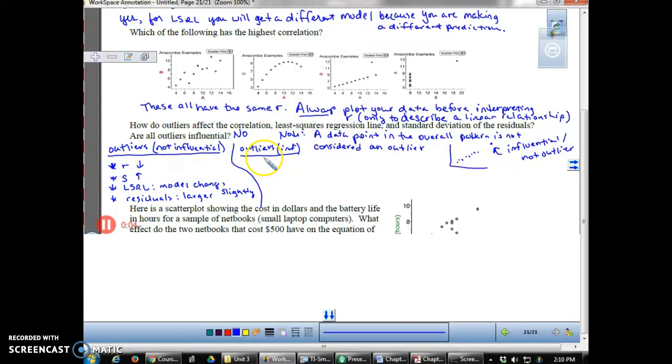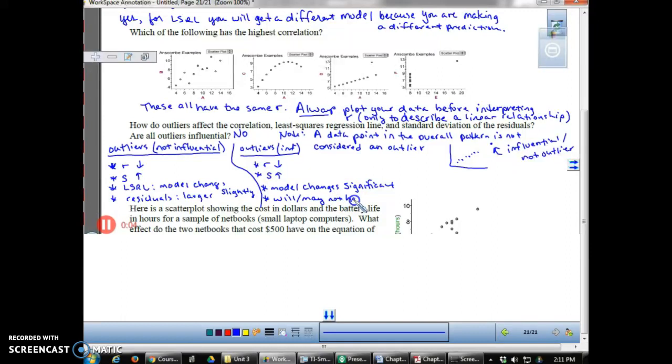Okay? Outliers that are influential will also have an R that goes down and an S that goes up. The model will change significantly, or it can change significantly. It just depends on how influential it is. And then finally, it will not necessarily have a large residual. It may or may not, you just don't really know.